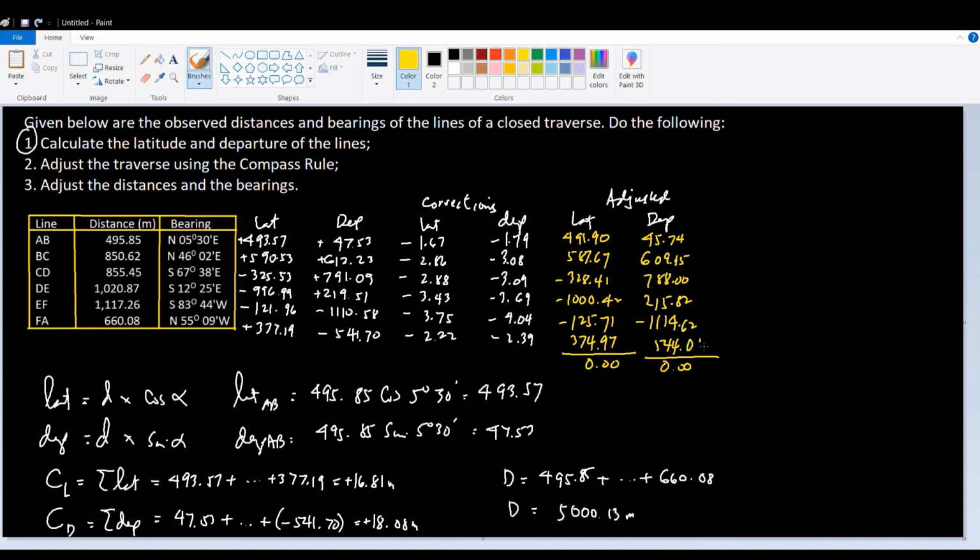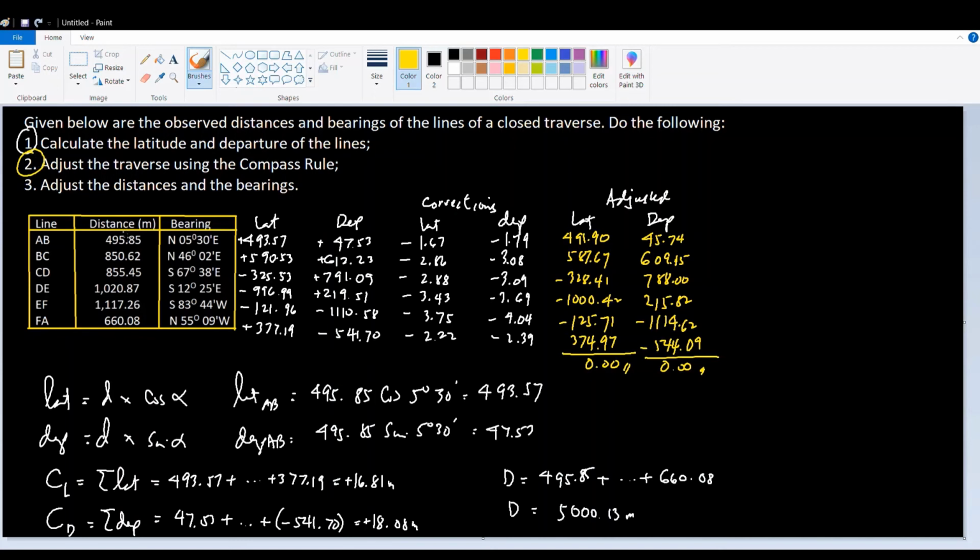Let me check. 9, 10, 11, and that should be negative 971. 9, 11, carry 1, 9, 71. Okay, that's correct. So, those are the adjusted latitudes and departures. So we are done, no?